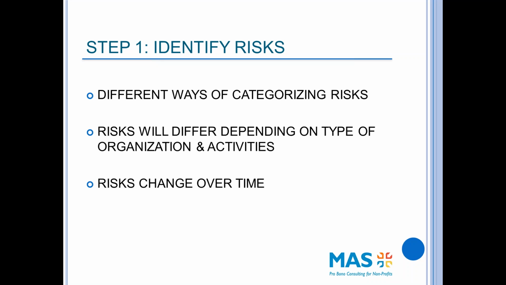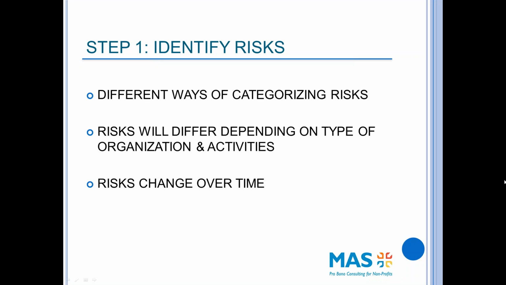Another thing to keep in mind is that risks will differ depending on the type of organization that you are and the types of activities you undertake to achieve your mission. You will have some risks that everybody has in common. For instance, you may all have a certain level of fraud risk, but then what that risk is and other risks will vary widely depending on the organization.